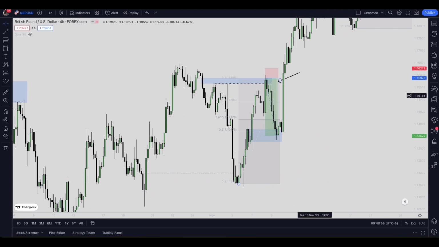Anything below is discount price, anything above is premium, and we want to go long in a discount price. And like I said, we anticipate price going back only into the equilibrium price point and maybe go into a little bit of discount price.